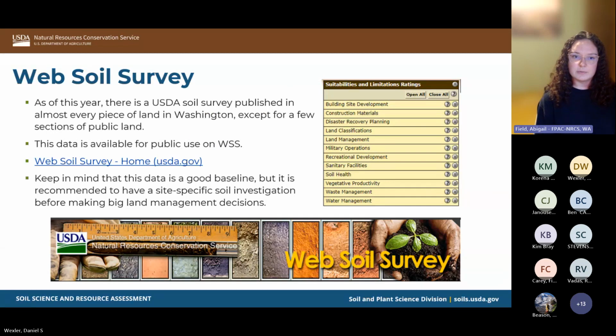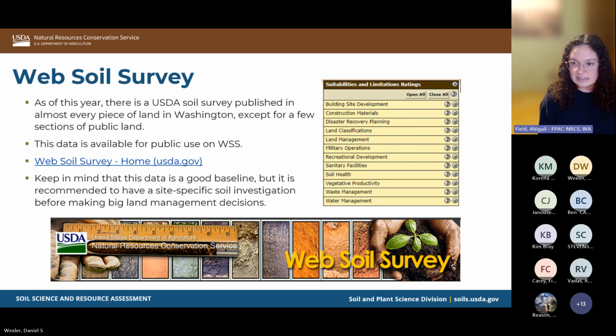I just wanted to end with a plug for Web Soil Survey. This is what all of this data will be published through, and it is insane how much data you can pull from this. Olympic is one of the last few chunks of land that have yet to be published. Mount Rainier and North Cascades have already been published, so you can go and look to see what you can find there.